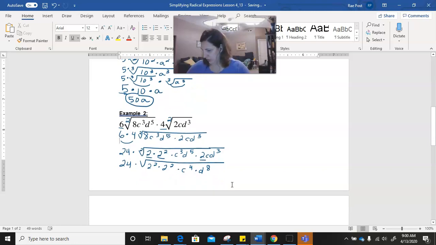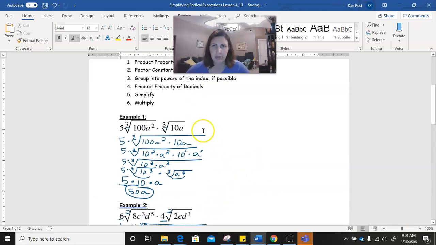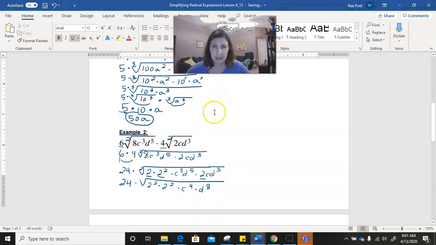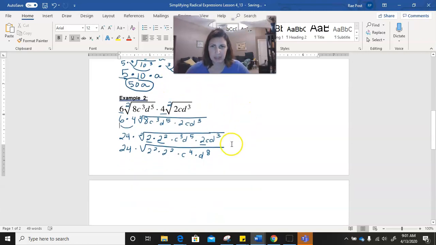Okay, I don't think I can squeeze this on the same line. So now I'm going to go ahead and use the product property of radicals, and I'm going to split everything up, like how we did over here, where you split them up into separate pieces. I'm just going to bring it down here. So I have my 24 on the outside who's just hanging out. I'm going to break everything up. So I have the square root of 2 squared, and I have another square root of 2 squared, right?